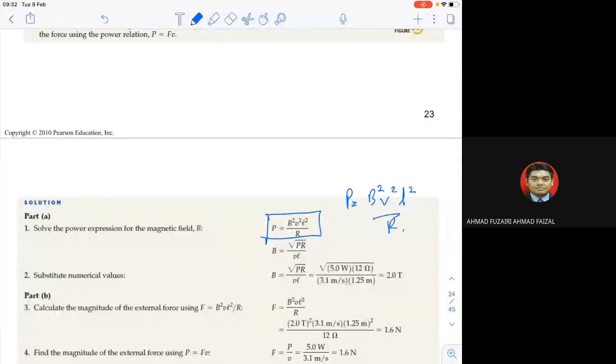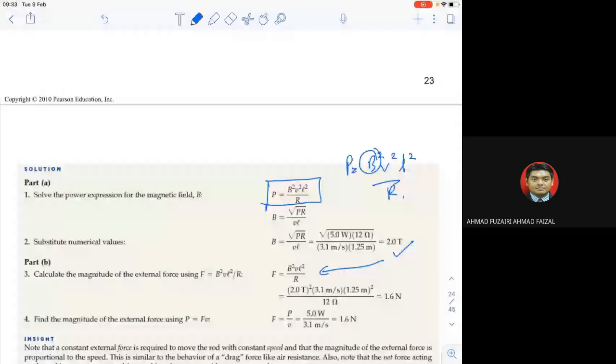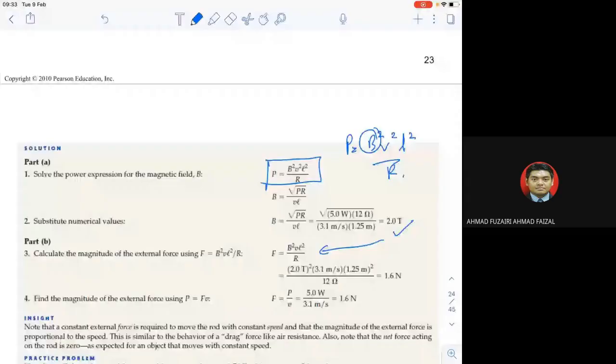So you need to find B. You can define that B is 2 Tesla, and then using the second part, we can also derive that F equals B squared V L squared over R. So we can find that the power divided by the velocity is equivalent to 1.6 Newton.